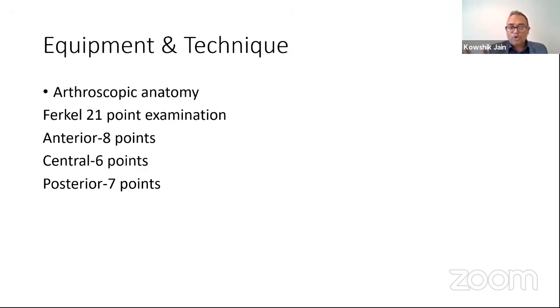And one of the most popular ways of doing a thorough arthroscopy examination was first described by Ferkel. He's an American orthopedic surgeon, and he described what's called as a 21-point examination. I'll come to that slide and I'll show you what are the 21 points he's talking about.